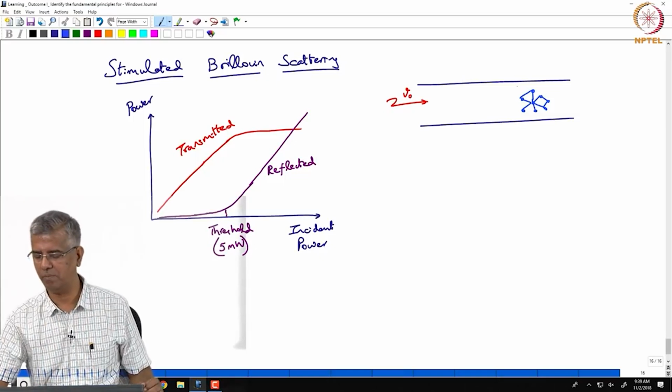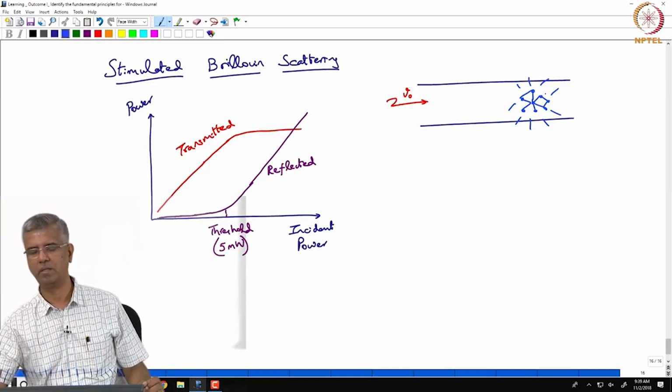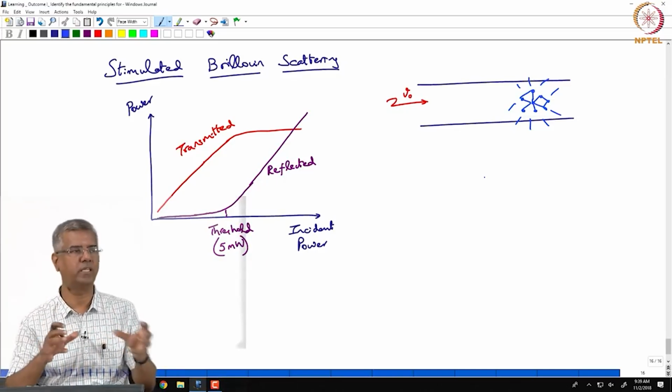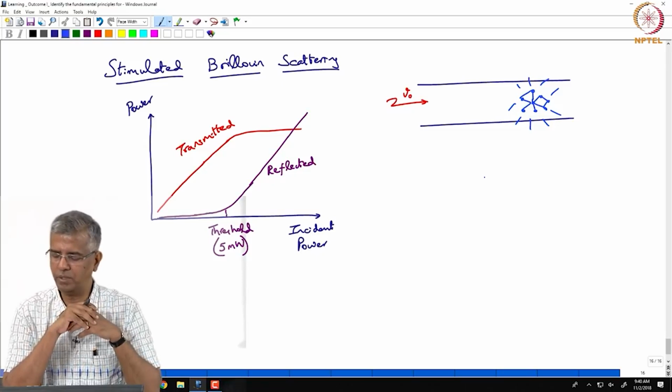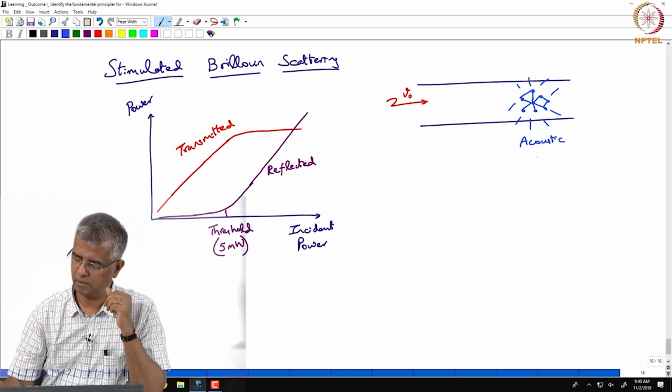So there are some vibrations, and the entire network is getting agitated. And these vibrations are referred to as acoustic phonons.